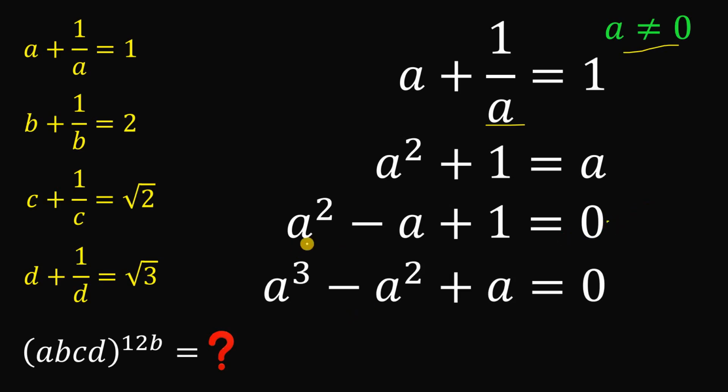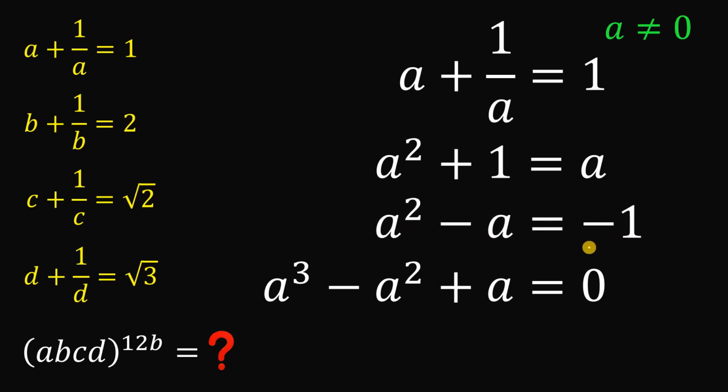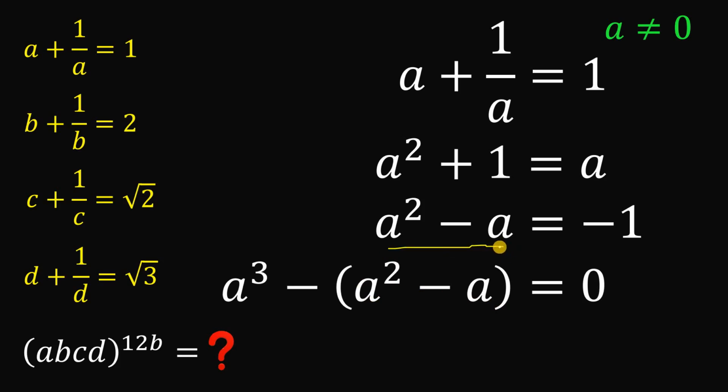Now, using the previous equation, a squared minus a plus 1, if we subtract 1 on both sides, we get that a squared minus a is simply equal to negative 1. Now, why do we do that? Because if we factor out negative 1 in this expression, we have negative of a squared minus a, and we know this expression is negative 1.